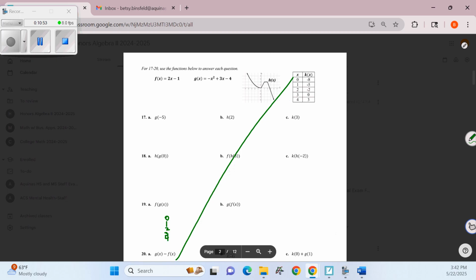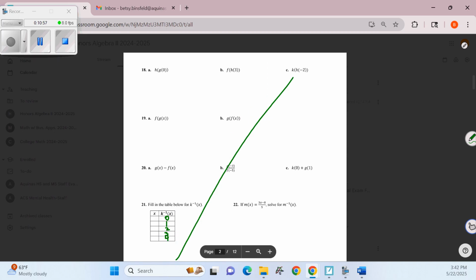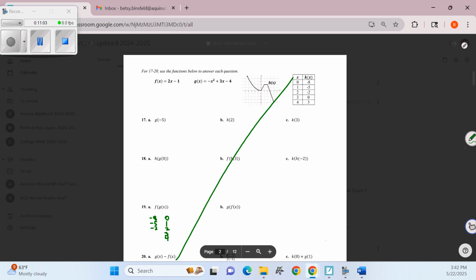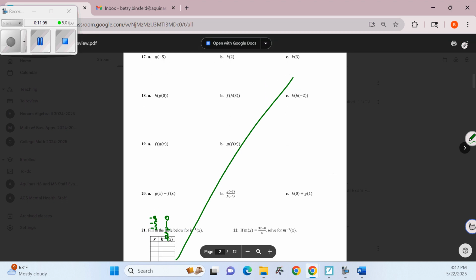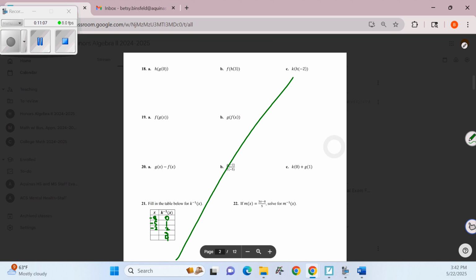And then instead of negative 8, negative 5, negative 2, 0, 3 down the Y column, that will be our X column. 0, 1, 3. So it's just a matter of switching the XY columns from above.